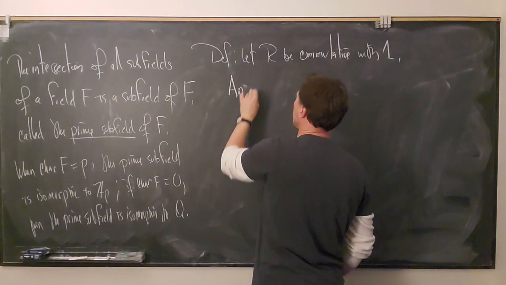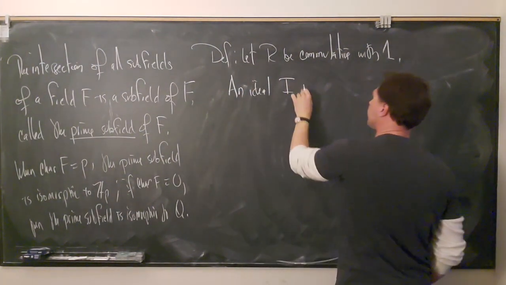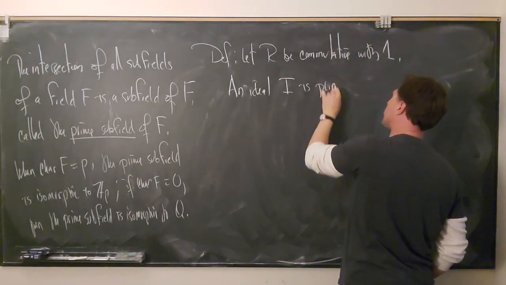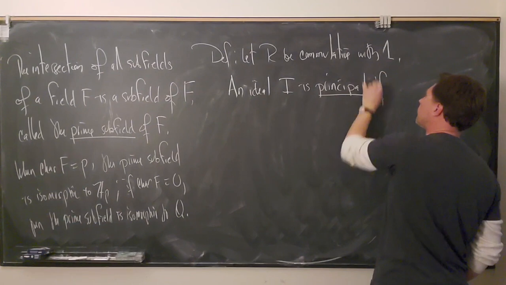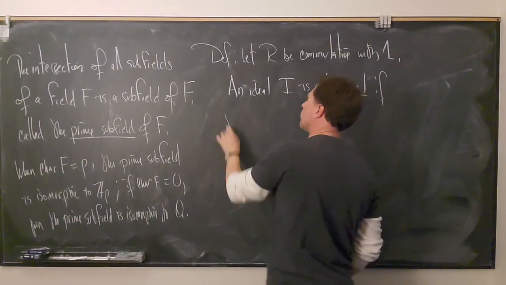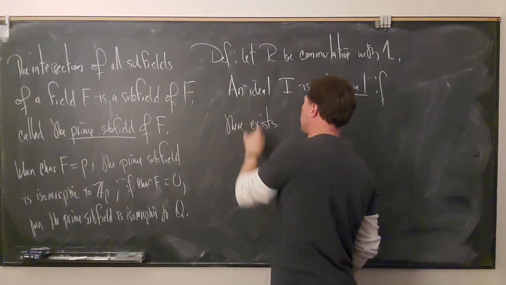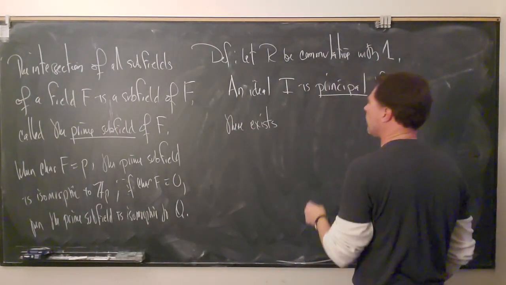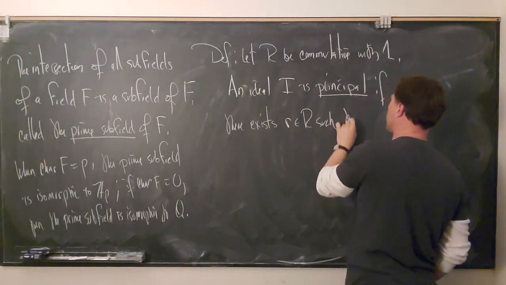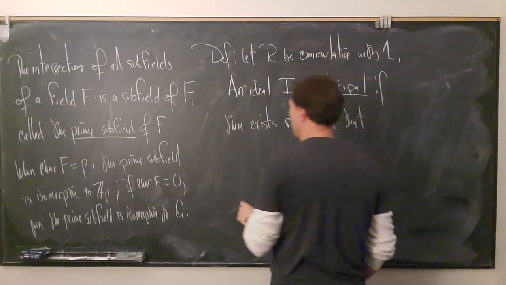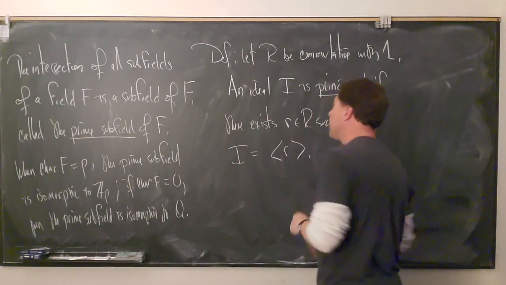So an ideal capital I is principal if there exists a single element, say little r in capital R, such that capital I is equal to the principal ideal generated by little r.